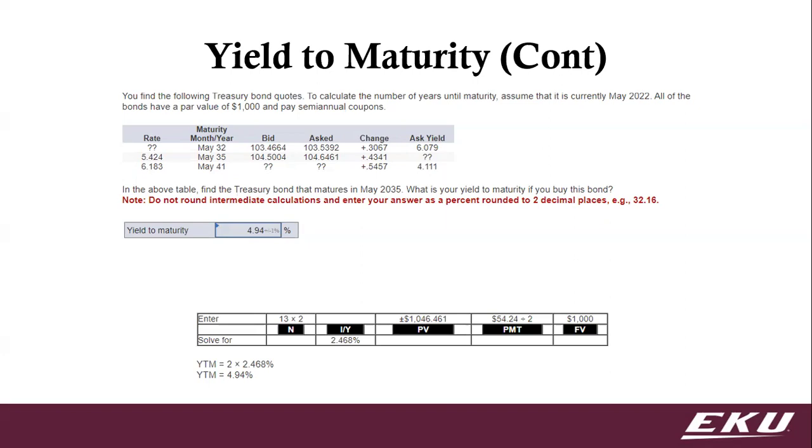And so you're going to get the $54.24, and then divide that by 2. We're going from 22 to 35, so that's 13 years, and we're going to double that because, again, this is semi-annual payments. And then once we compute the yield to maturity, we just have to remember that is a 6-month yield, and so what we need to do is double that, and then that will give us the yield to maturity on the annual rate.